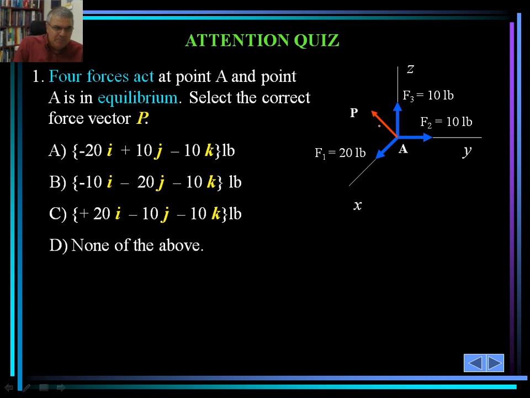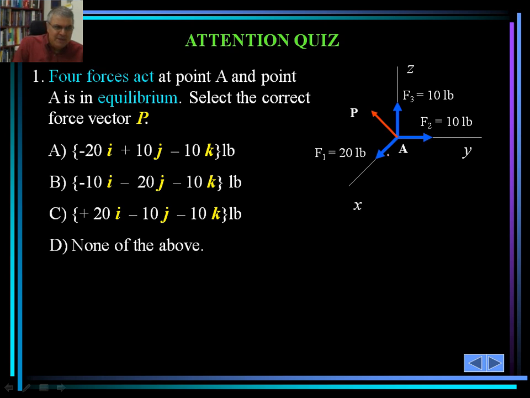Let's examine P. P can be either in an X, Y, Z space, or the way it's shown here, it could also be in X and Z space, but we cannot really determine that, can we?